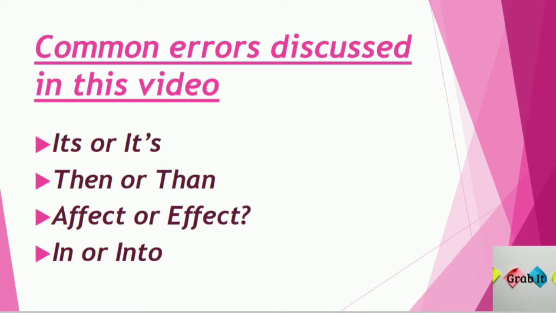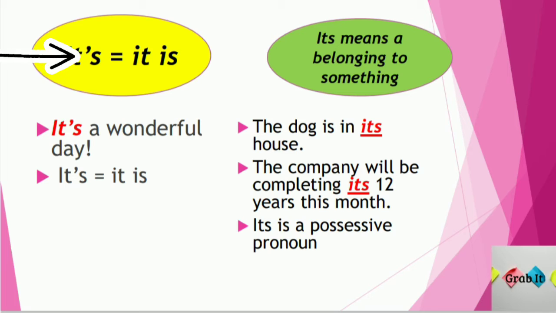Starting with the first error, it's. The first one is it's with an apostrophe. Okay, let me tell you in brief what apostrophe means. Apostrophe is the comma that you can see above the letter T. This basically helps to write a contraction of something.